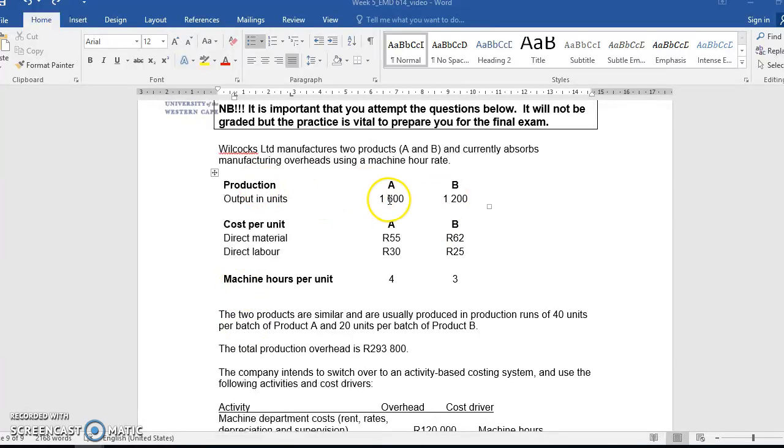We produce 1,600 units of A and 1,200 units of B. The cost per unit for product A is 55 for material and 30 for labor, and for B, 62 for material and 25 for labor. Machine hour consumption per unit is 4 and 3 respectively.